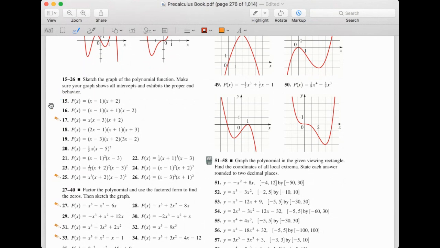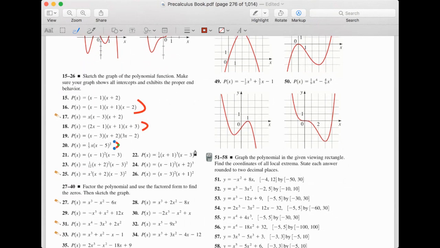You know what, let's choose even numbers. For odd numbers, I will give you some homework. So this would be homework 5. But now let's try 16, 18, let's try 20, 22. Okay, let's try those 4 questions.